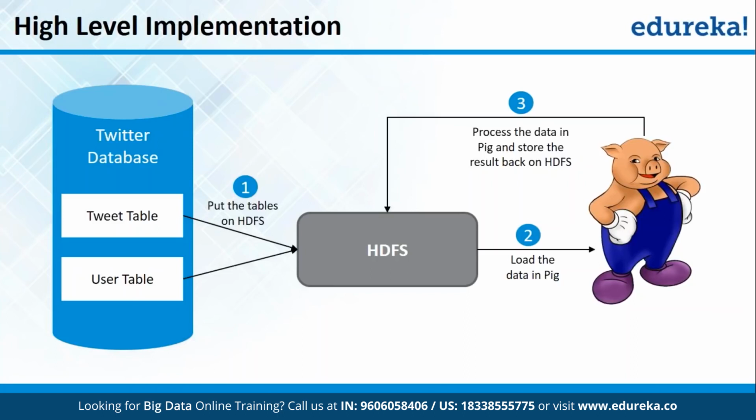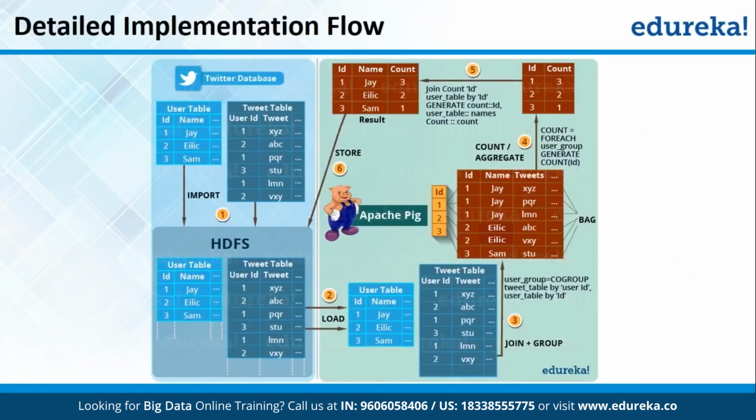So the very first step is to move the data of these two tables into HDFS. Once the data is moved to HDFS, it is loaded into Pig, and finally the data is processed by Pig and the result is stored back to HDFS. So this was the high level implementation. In the next slide, we'll understand the detailed implementation of how the data flows and how Pig processed it.